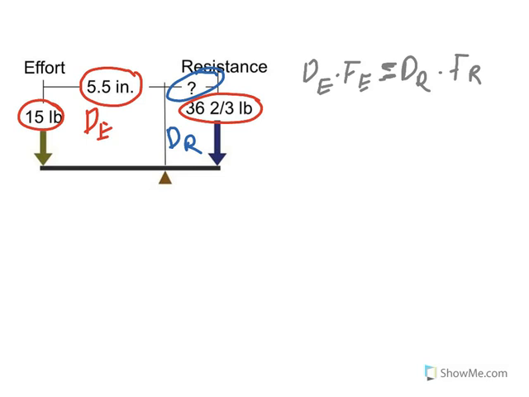So now I just need to plug it in. I've gone ahead and plugged these in, and instead of writing just 36 2/3, I've substituted the decimal version of 2/3 as 0.66 repeating. Go ahead and do the multiplication here.